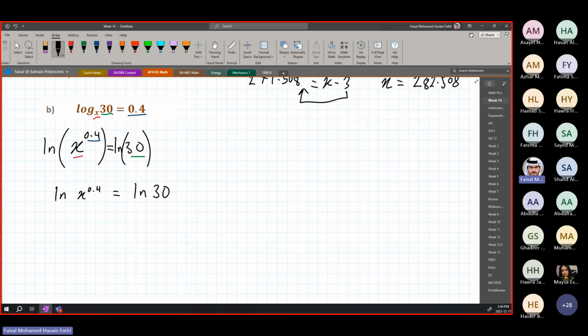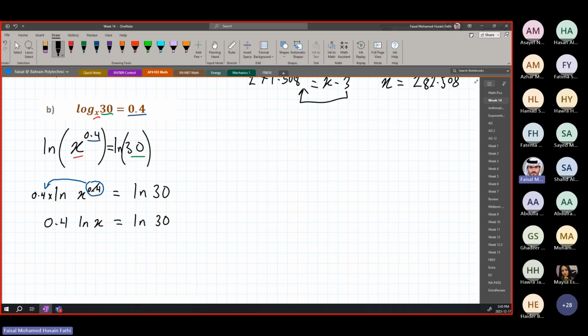We don't worry about that. But let's look at the left side. When we have a power, what did I say we do with the power in ln? We take it outside and multiply, and we can cancel it from here. So we will get 0.4 ln of x is equal to ln 30.